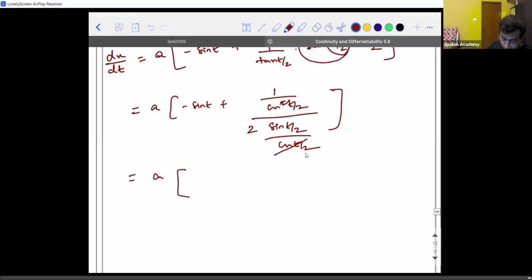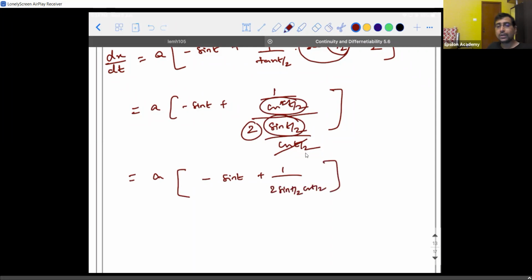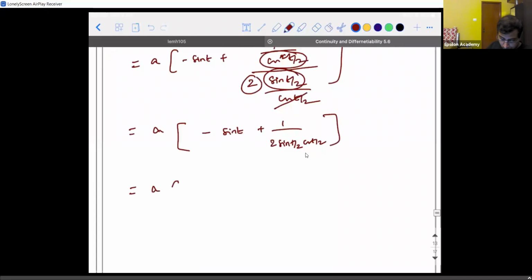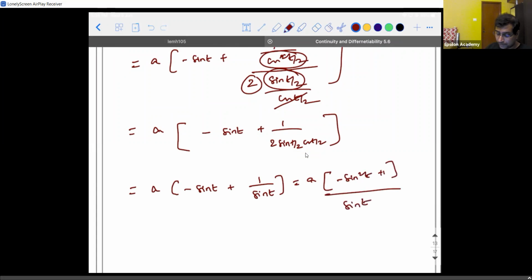So a into minus sine t plus 1 divided by 2 sin t by 2 into cos t by 2. What is 2 sin theta by 2 cos theta by 2? It is sin theta. Okay. So if I take LCM, I'll get minus sin square t plus 1 the whole divided by sin t.